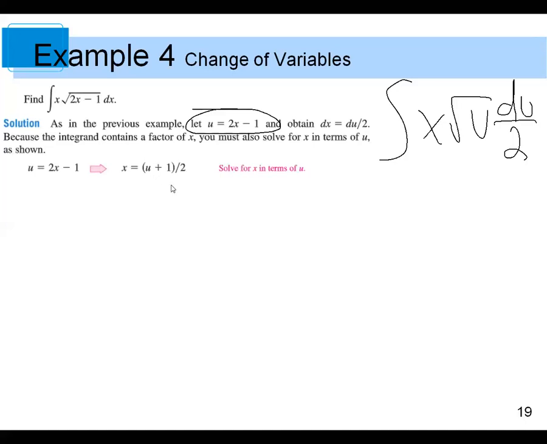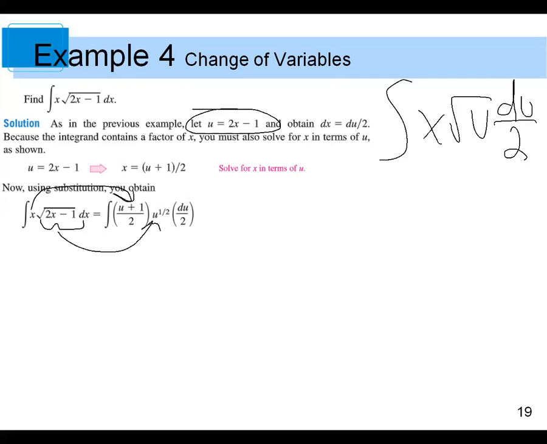So you'd have x is equal to u plus 1 over 2. So your integral becomes: the u plus 1 over 2 substitutes the x, the 2x minus 1 is substituted by the u, which you could write as a 1/2 power, and the dx is substituted by du over 2.